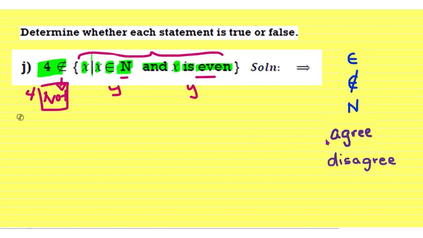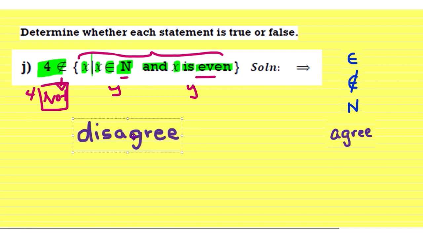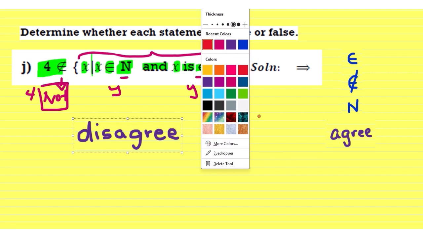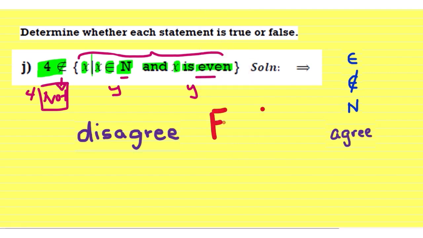So I disagree with them, because I think 4 is an element of the natural numbers and the even numbers. If I disagree, then I think this is a false statement. 4 is an element of that set, and when they say that 4 is not an element of that set, that is a false statement.